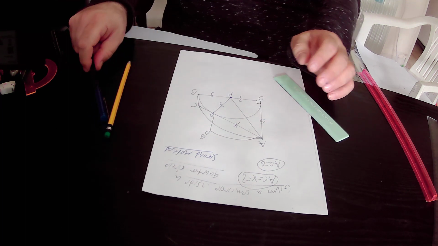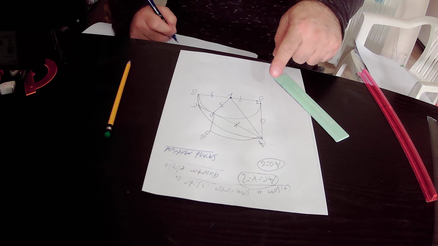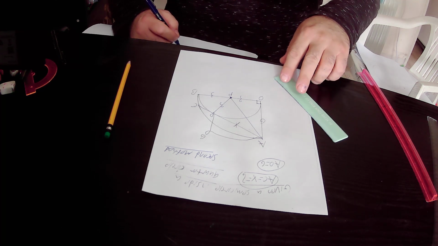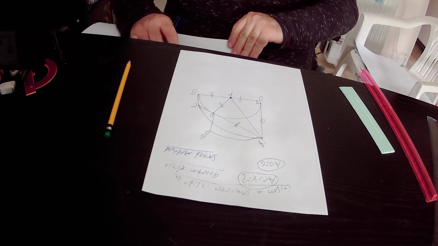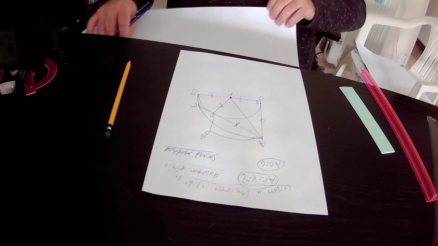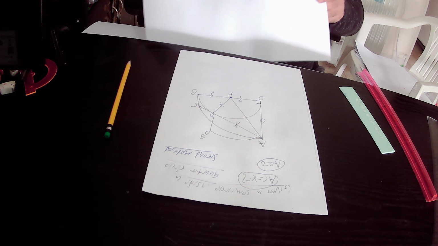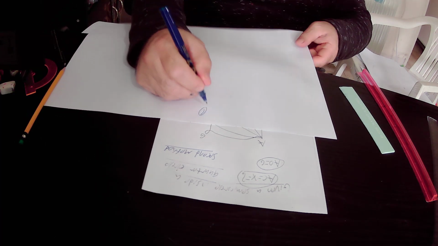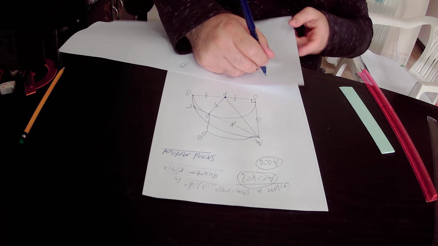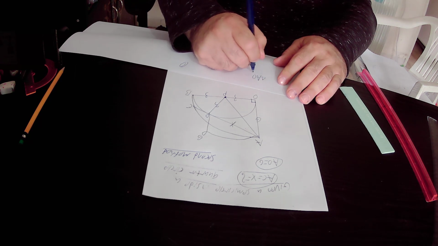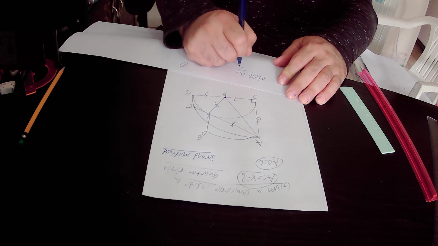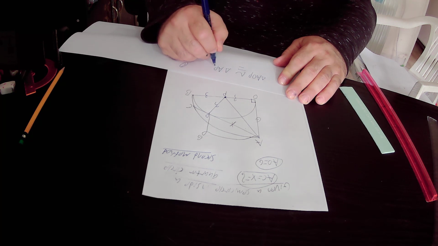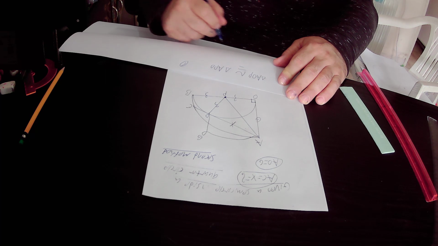I repeat again, we have already found out that the right triangle AOP is congruent to the right triangle PAD according to the side rule.